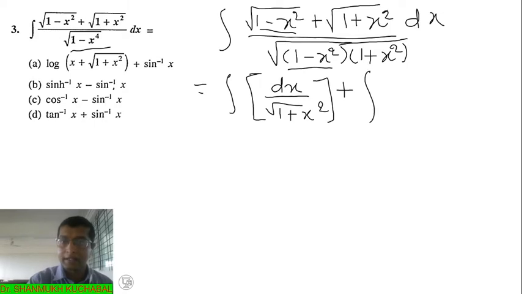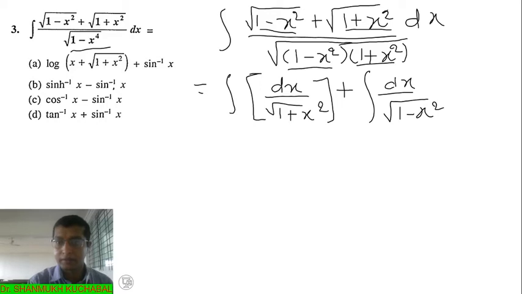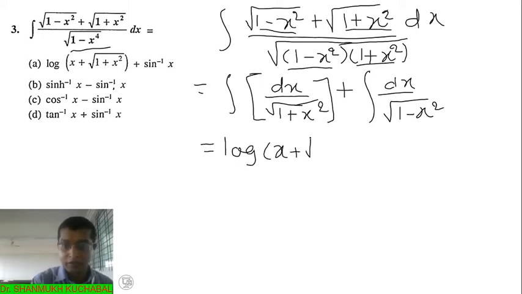Now another integration: 1 plus x square and 1 plus x square cancel. We get dx divided by under the square root of 1 minus x square. Further, the integration of 1 divided by root of 1 plus x square we can write as log of x plus under the square root of 1 plus x square.